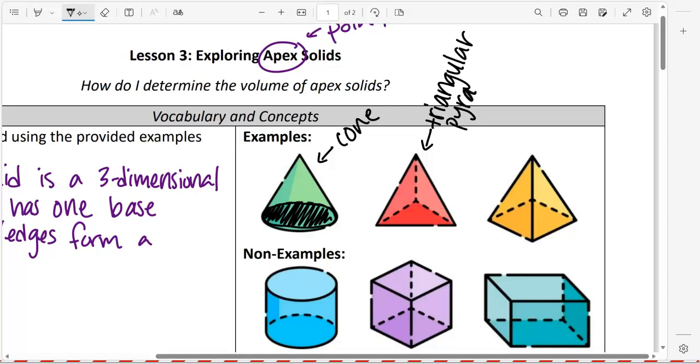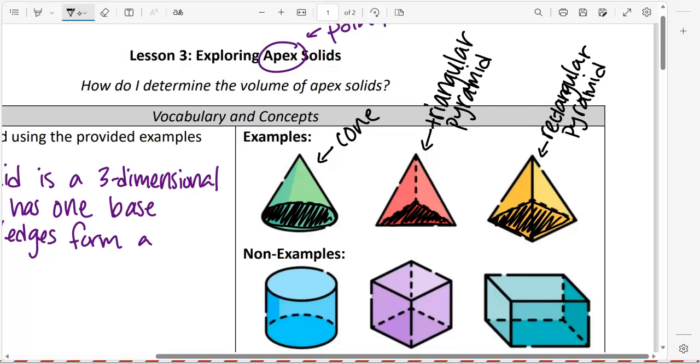We know that the triangular pyramid is related to a triangular prism because the base is a triangle. And lastly, on the right in orange or yellow, we have a rectangular pyramid. And this shape is related to a rectangular prism, and we know that because the base is a rectangle.